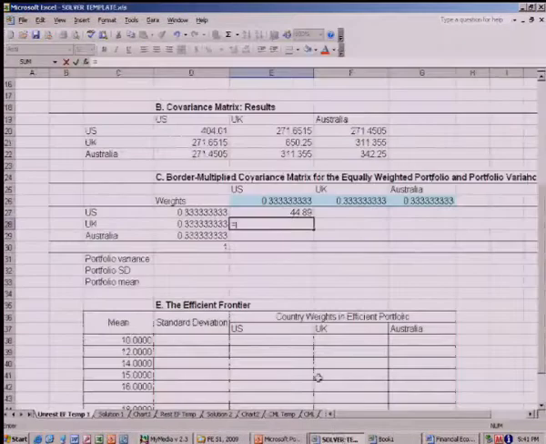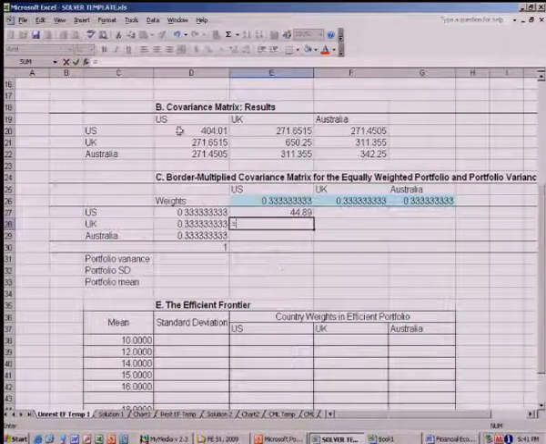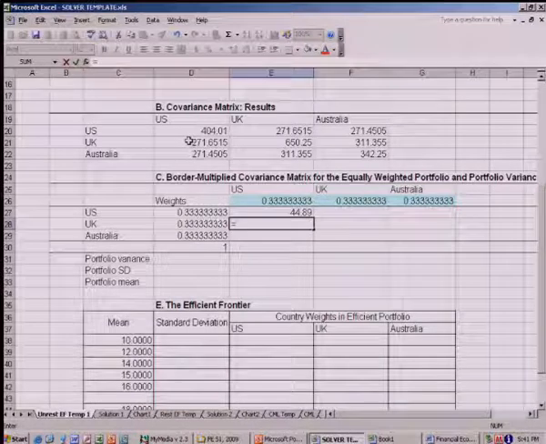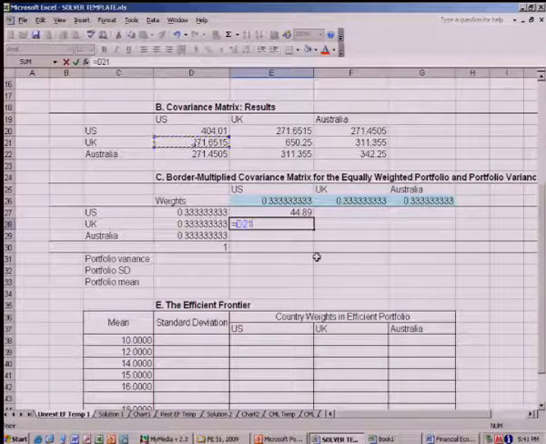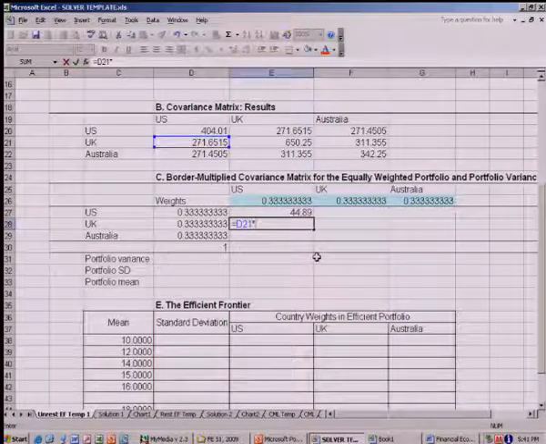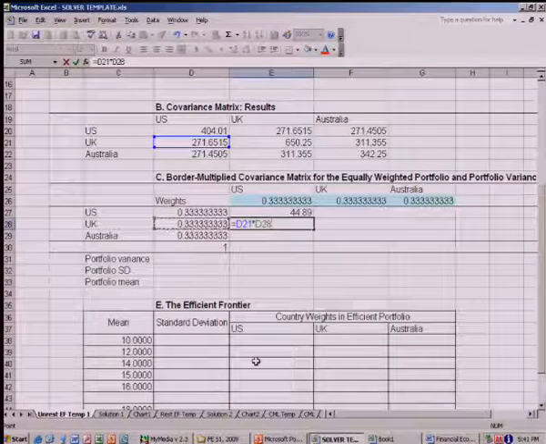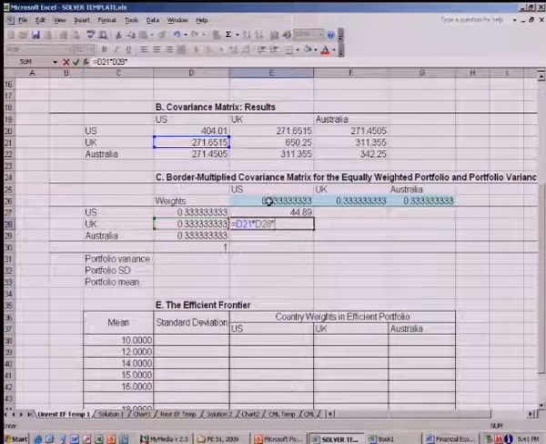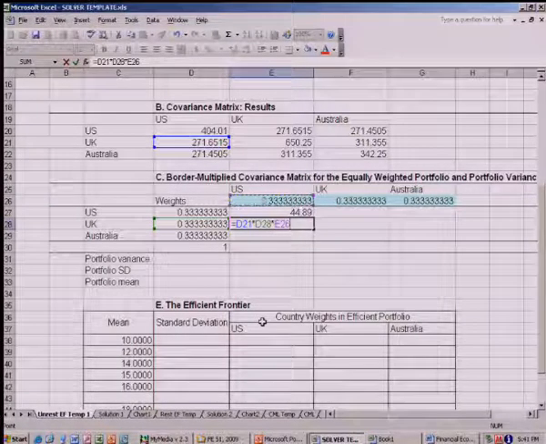So weight on a US asset times the weight on a UK asset times the covariance between these two assets. To do that, enter sign equal again, consult the covariance matrix above, and find where the covariance between these two assets is. In my case it's in the cell D21, times the weight on a UK asset, which is in cell D28, times the weight on a US asset, which is in my border row.